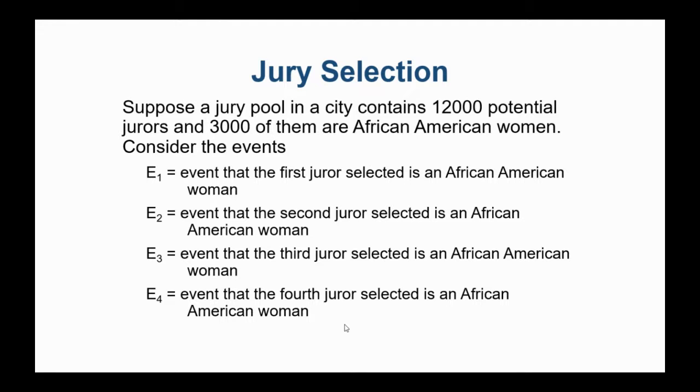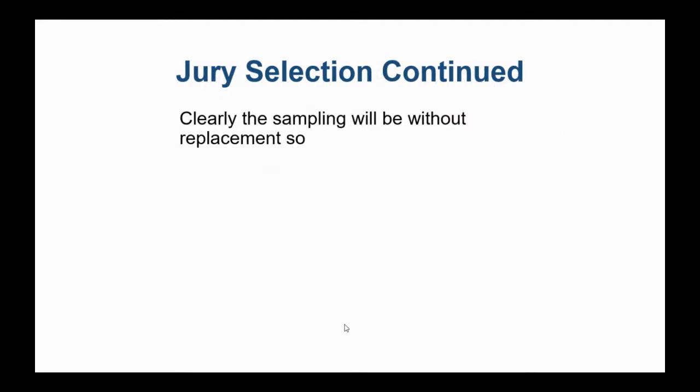So we want to find the probability that all 4 are African American women. Clearly we're going to have to sample without replacement. There's no way we could put people back and pick them again.